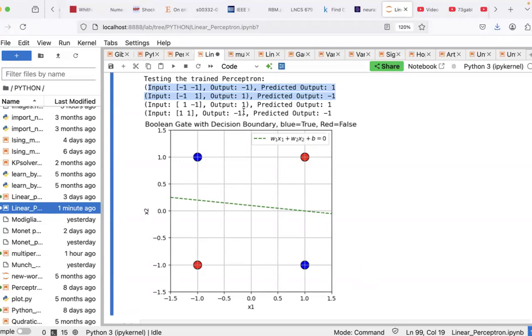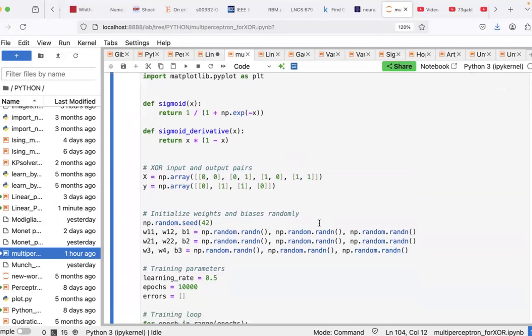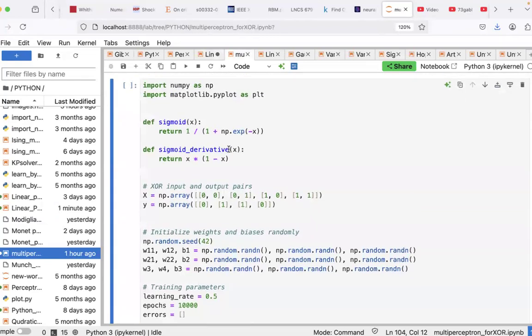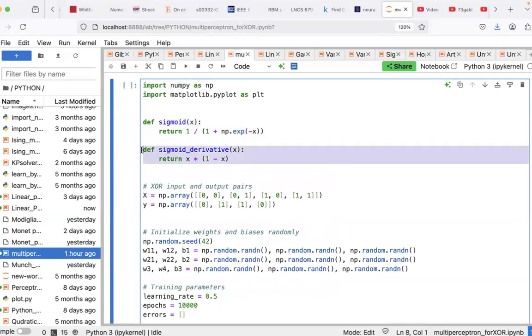And that's why we need the deep perceptron. We need a multi-layer perceptron, as I described in my lectures. And in this case, you see, I'm using a sigmoid activation function and its derivative that we needed.